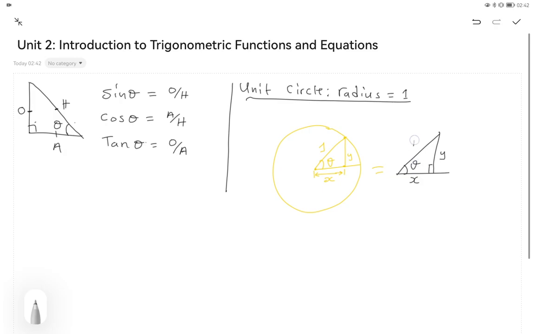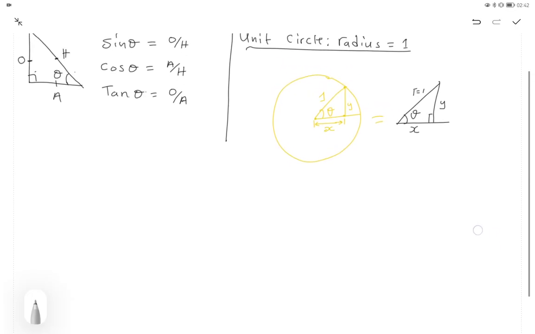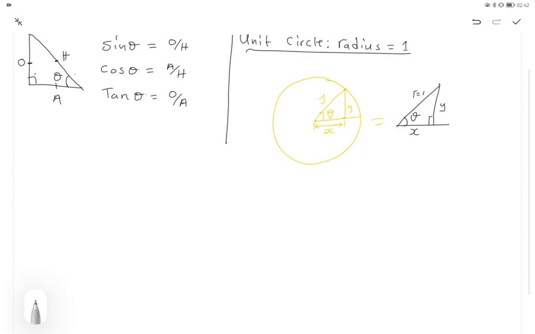So the hypotenuse is 1, or we can just say r, or r is equal to 1. Okay, we are good to go. Right, so from that one, if we remember very well from the previous classes, we learned many things about the right angle triangle. And one of these important things was the Pythagoras theorem.